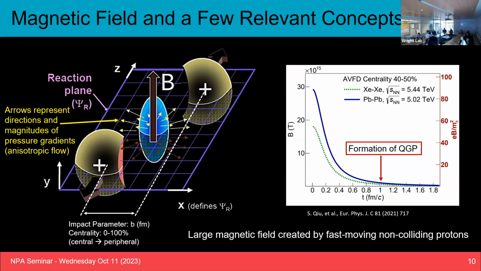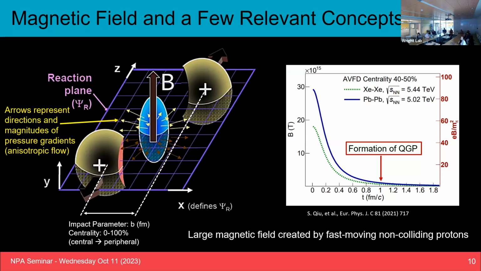Okay, so also in the heavy ion collision, we have the spectators, which are the particles which do not participate in the collision. They create a very high magnetic field. And I put some other text just to explain for anyone who's new to heavy ion. We also have this impact parameter, which describes the distance between the centers of the nuclei.